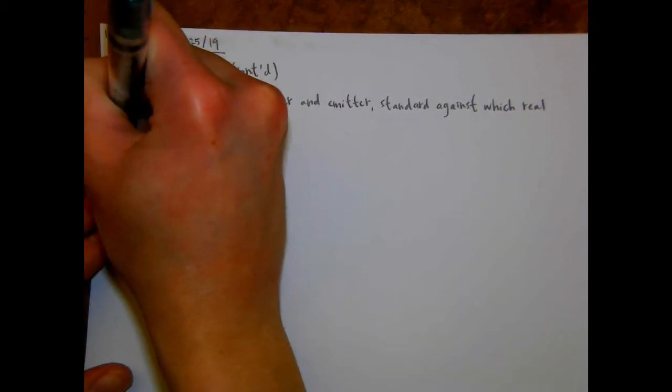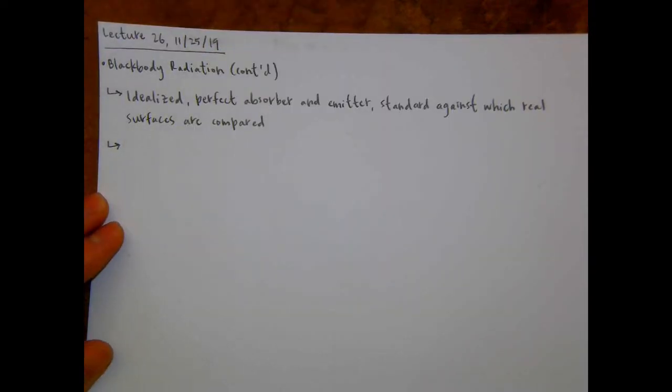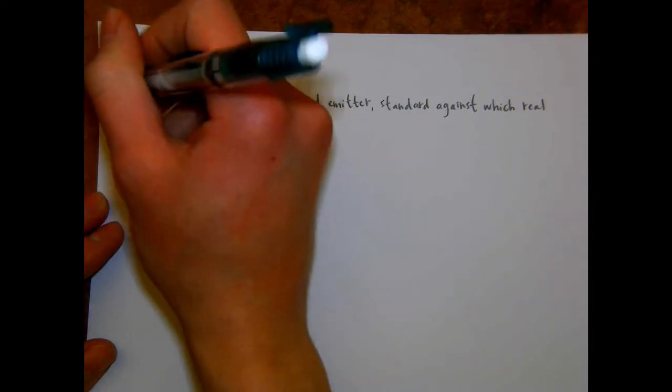A black body does not actually exist, but it can be very well approximated by a cavity whose inner surfaces are at a uniform temperature. That's the closest we'll get to seeing a black body as a real surface.